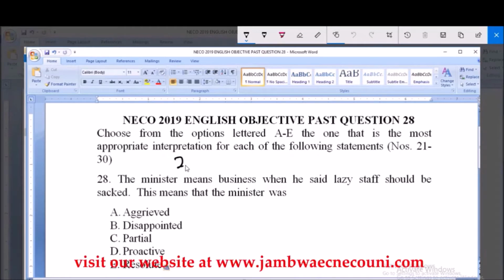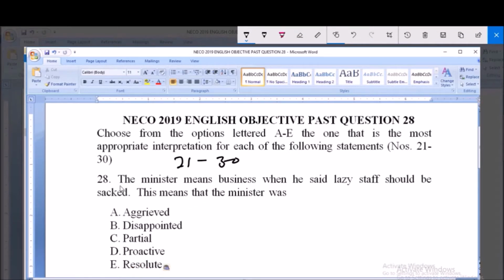And this instruction is to answer question 21 to question 30. The statement here says the minister means business when he said lazy staff should be sacked.